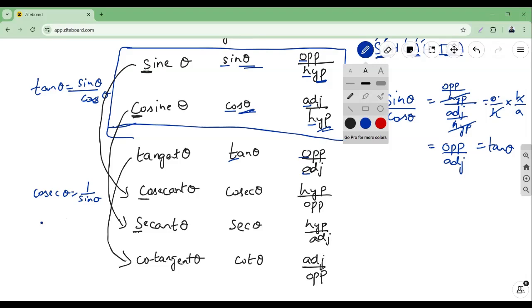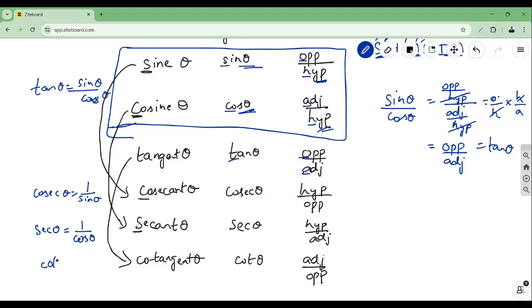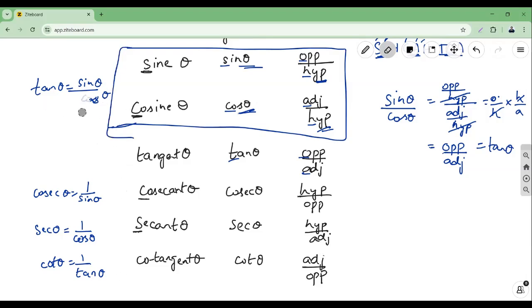So secant, sec theta, is the reciprocal of cos theta. Cot theta is the reciprocal of tan theta. And tan theta is sine theta divided by cos theta.